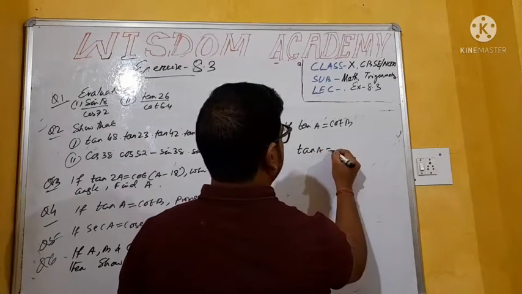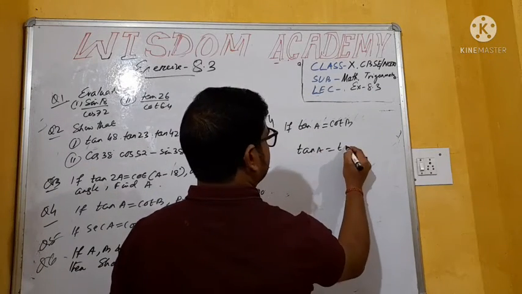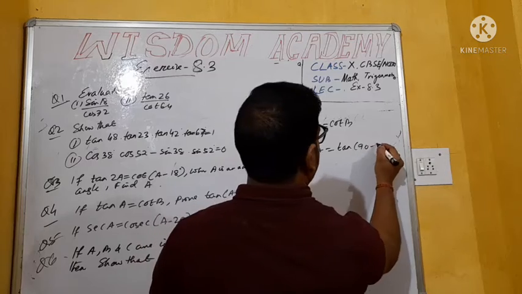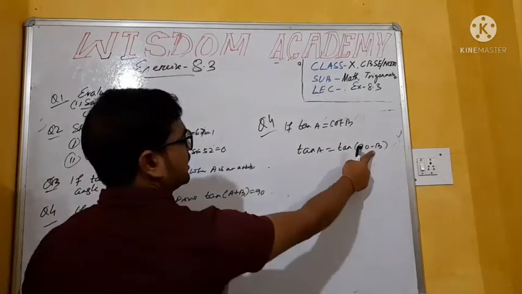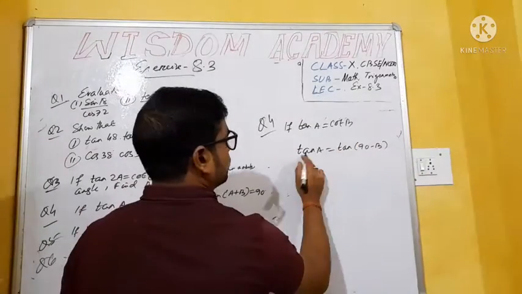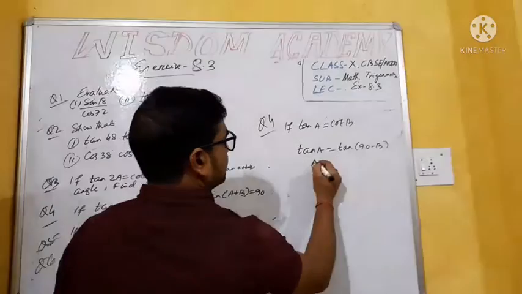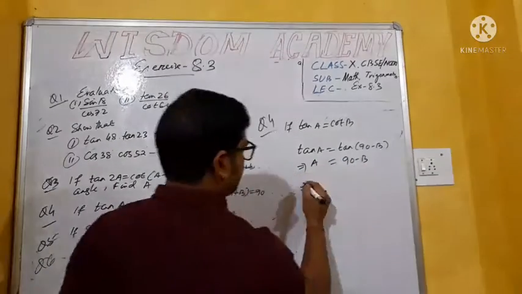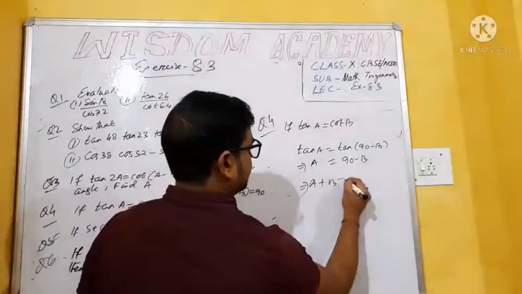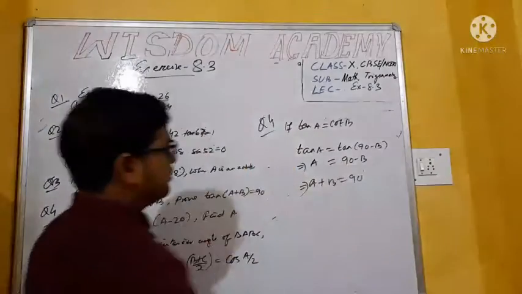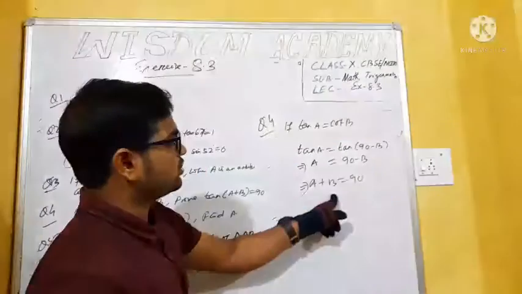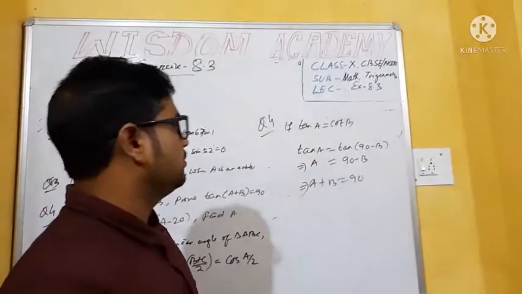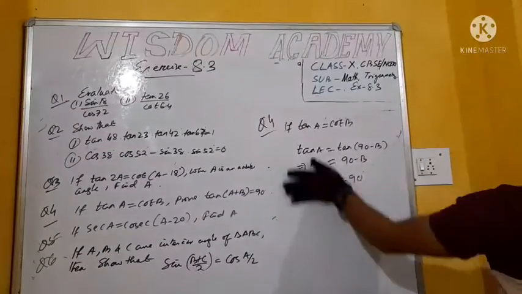Tan a equals cot b, which can be written as tan of 90 minus b. Tan 90 minus theta is cot theta. Both sides tan, that implies a is equal to 90 minus b. Minus b takes side change, a plus b is 90. Proved. Very simple. Take screenshot.